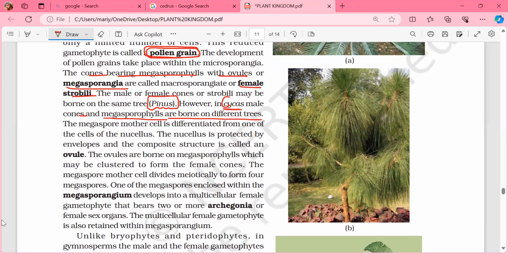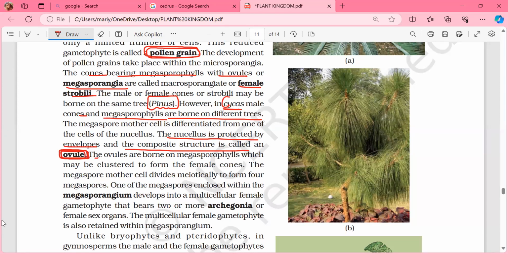Now, the megaspore mother cell is differentiated, nucellus is formed, and it is protected by envelopes, and the composite structure is known as the ovule. So now ultimately we are leading to the ovule. And when I say ovule, what do you think? Seed. Seed, correct.